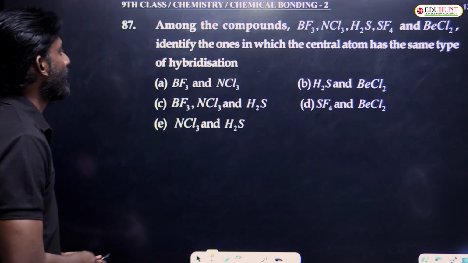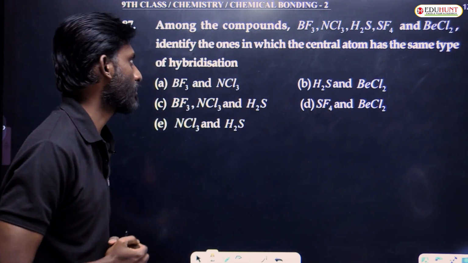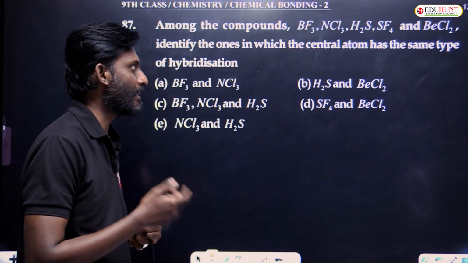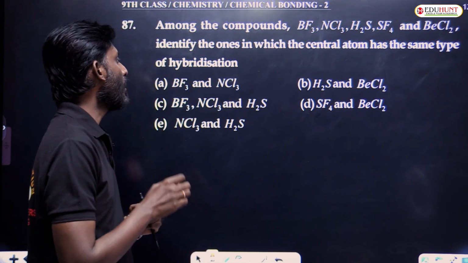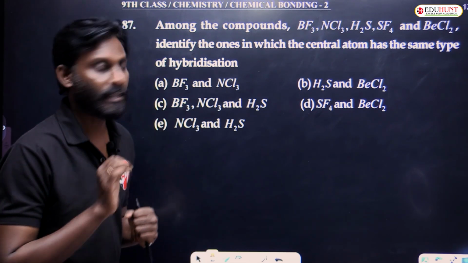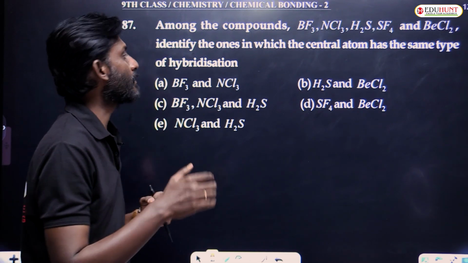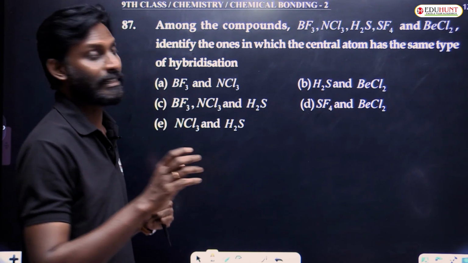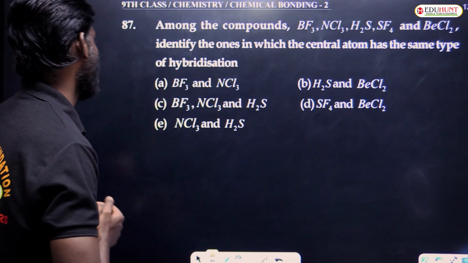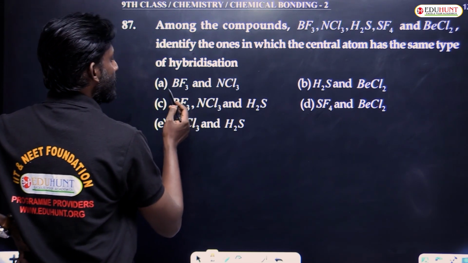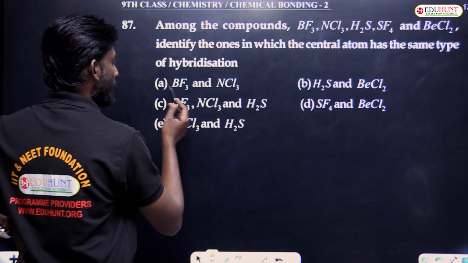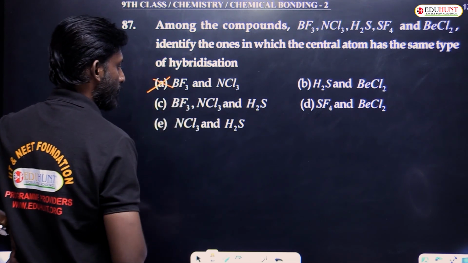Yes. Next, among the compounds boron trifluoride, NCl3, H2S, SF4 and BeCl2, identify the one in which the central atom has the same type of hybridization. BF3 is sp2, this is sp3. So this is not our answer.